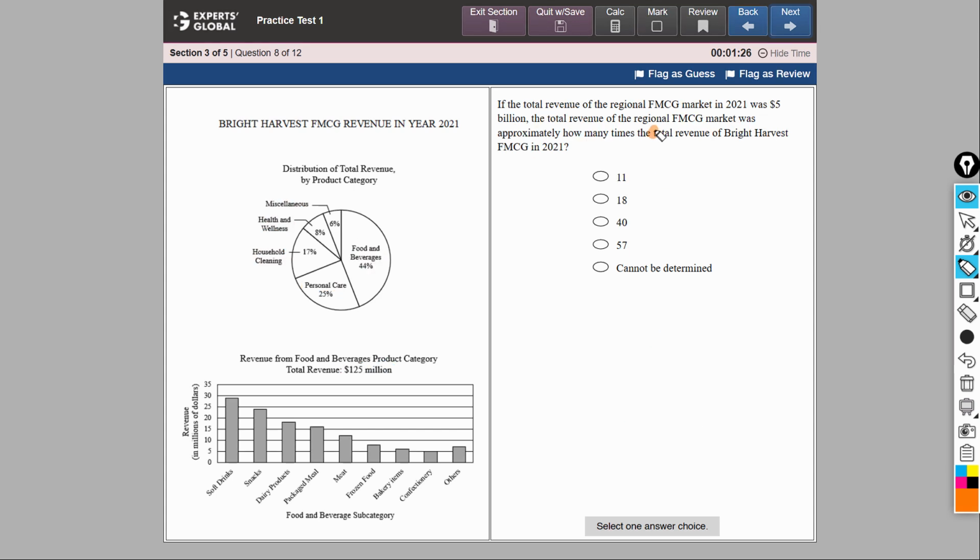Let's find the total revenue of the company first. Food and beverages contribute 44% or $125 million. If 44% is $125 million, 100% would be this much. Therefore, the company's total revenue is approximately $284 million.